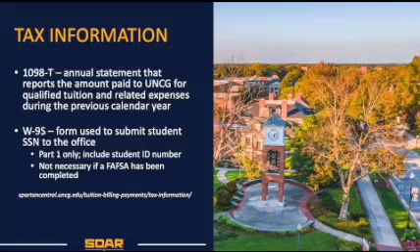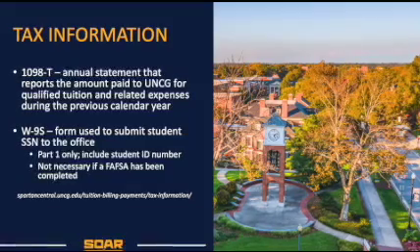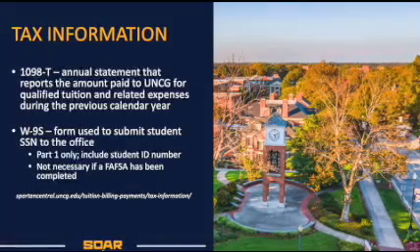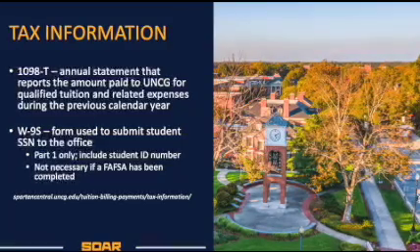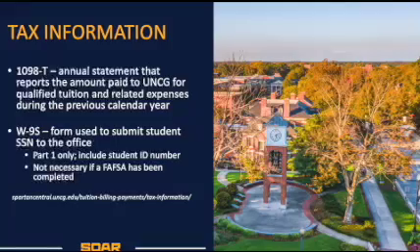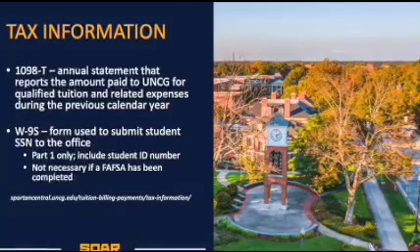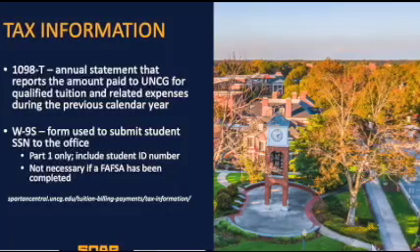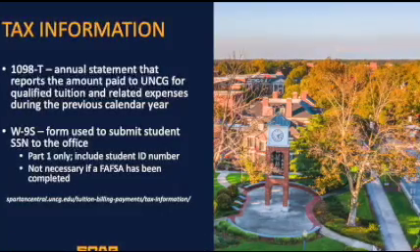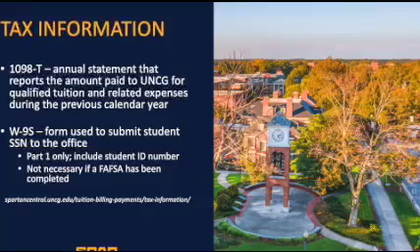Please understand, while we can assist you with this information on the form, we are not tax professionals and cannot give you any tax advice. However, once you receive this form and you have questions on the figures on it, please reach out to our office for assistance. A requirement on this form is that we include the student's social security number.